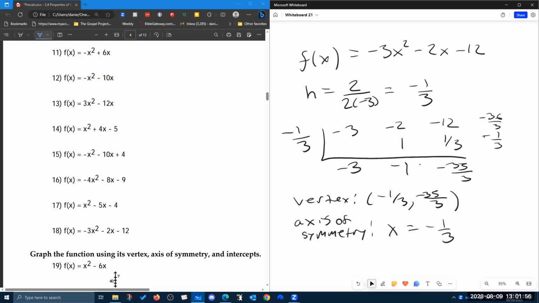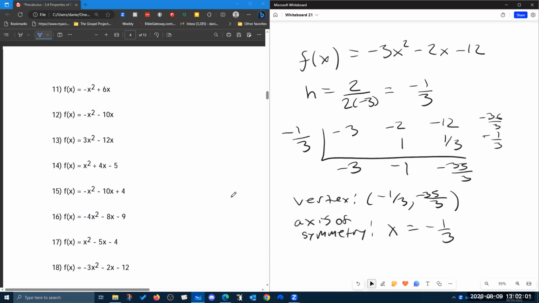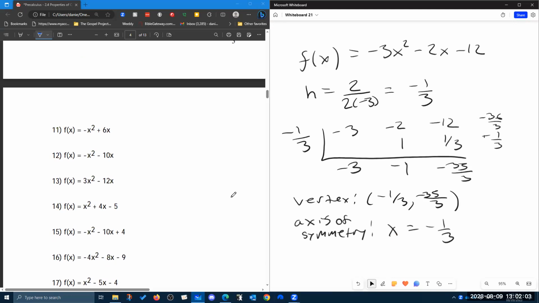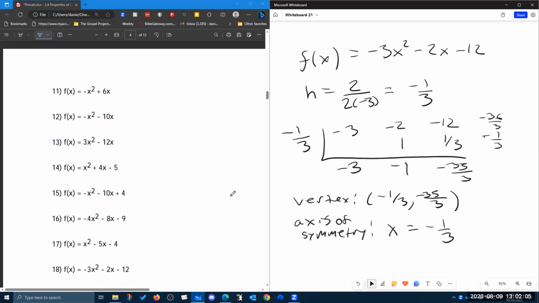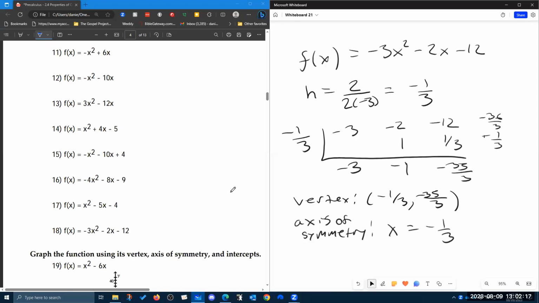We would not have wanted to complete the square on most of those problems if all we were being asked for is to find the vertex and the axis of symmetry. There was no need to go all the way and write the entire form of the function, but we can use the information that we have, for instance in this one, to say that a gets written on the outside.